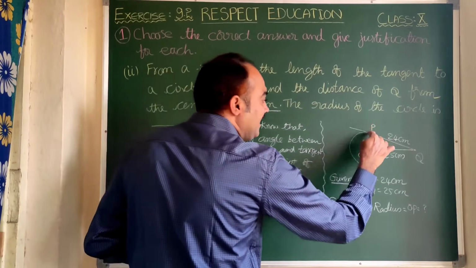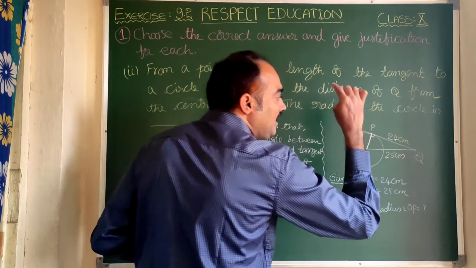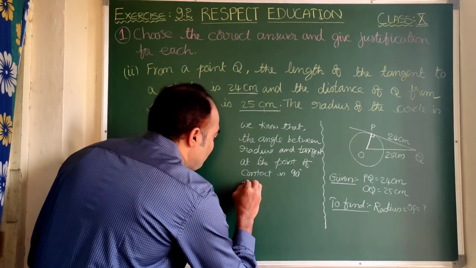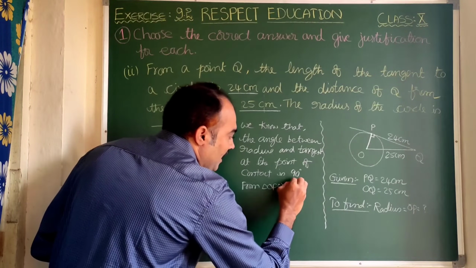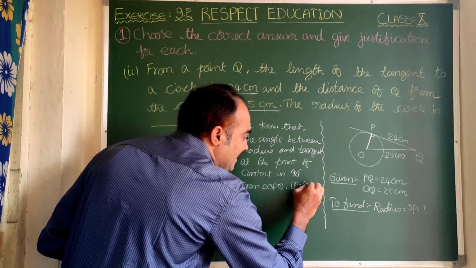That means from triangle OPQ, angle P is 90 degrees.